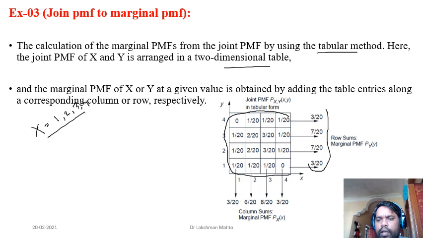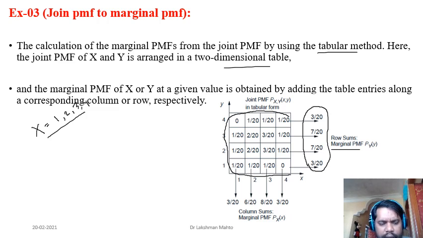You can call this the row sum, and the row sum of this joint probability mass function gives the probability mass function of y. That means we get that probability mass function directly from the joint probability mass function. That's why we say it is the marginal probability mass function of y.